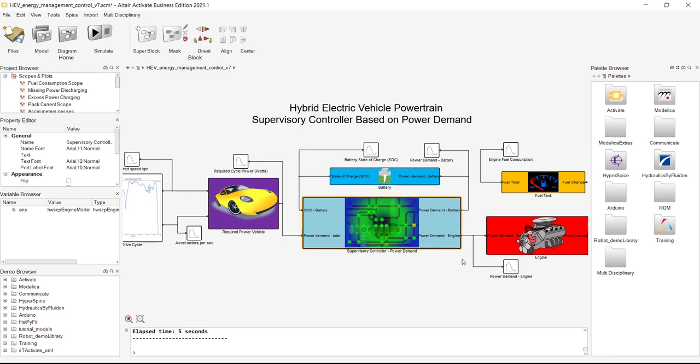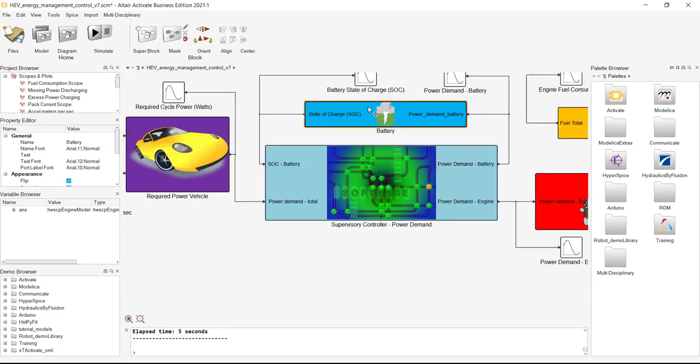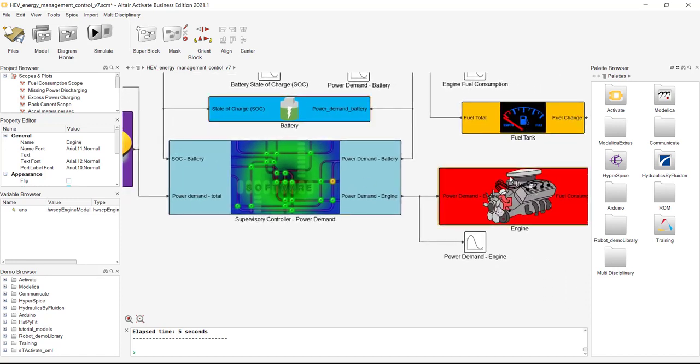And then we go into this block that is called the Supervisory Controller. The goal of this block is to decide whether to have the battery provide the power necessary in order to produce our forward driving force, or whether to engage the internal combustion engine in order to produce that forward driving force.